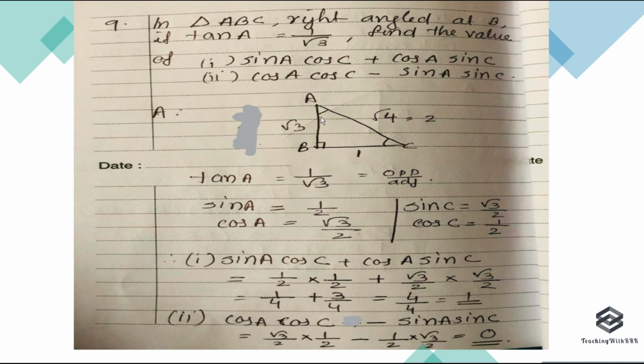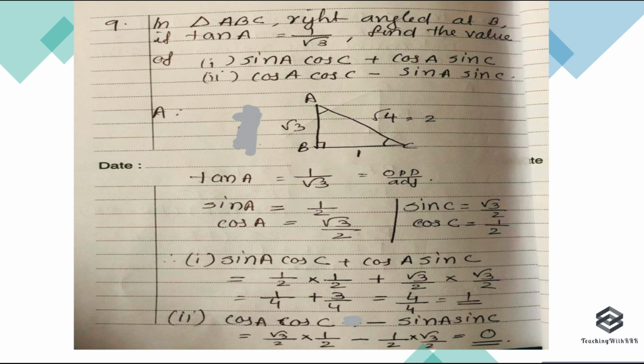Given tan A equal to 1 by root 3. Tan A means side opposite to angle A divided by side adjacent to angle A. So opposite is 1, adjacent root 3. It is given. So mark here 1, here root 3.